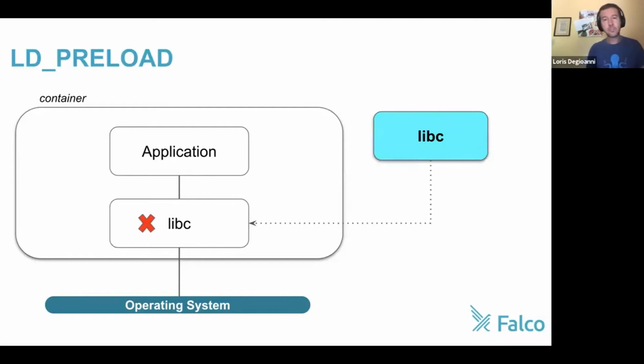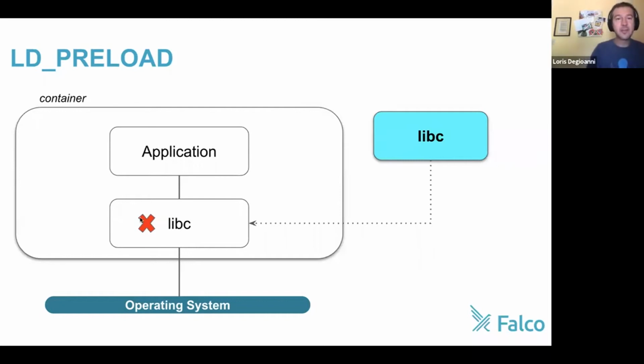One way to do that is a technique so-called LD preload. LD preload consists in taking a running application and somehow replacing the libraries that this application uses to talk to the operating system. So instead of using the normal C libraries, the C library is what is typically used by the majority of the applications to access the file system, doing everything that has to do with system calls, like opening files, establishing connections, all this kind of stuff.